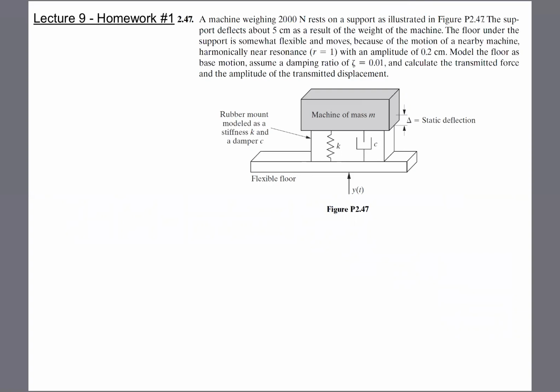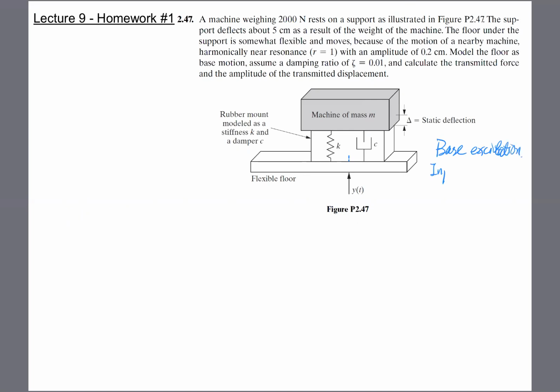So the first thing you need to do when you see a question is determine which system that is. For example, in this case, we see a machine sitting on a mount, and the mount is fixed to the floor. But then the floor is actually vibrating. So we know that's a base excitation problem.